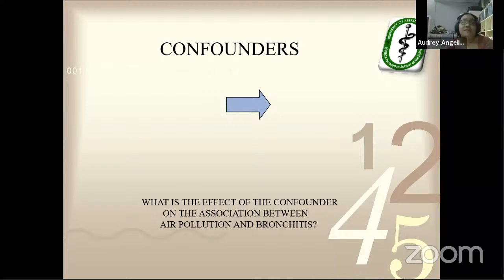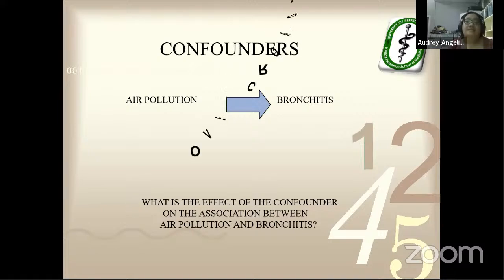So an example of a confounder would be looking at the association between air pollution and bronchitis. What do you think would be the effect of air pollution and bronchitis, and what could be a confounder? Any idea?